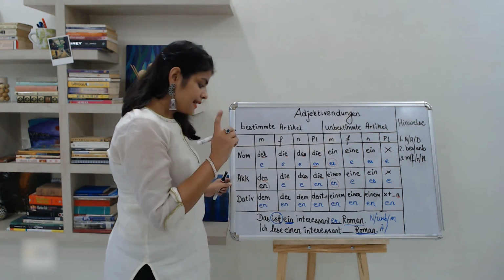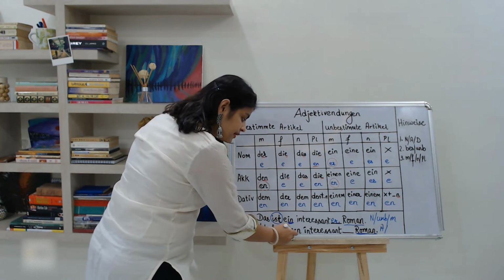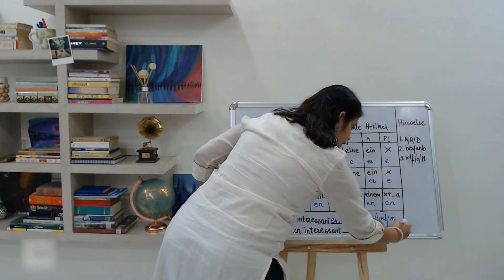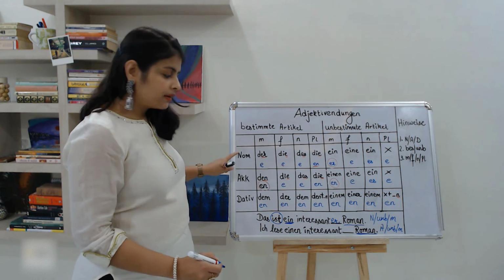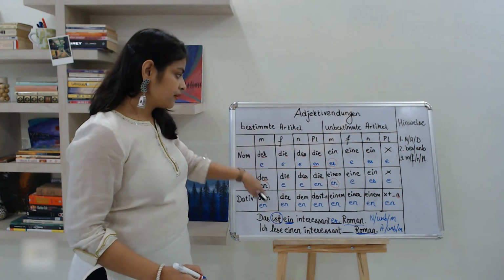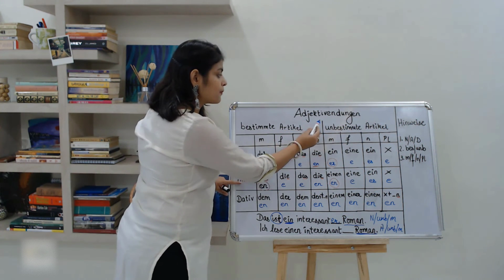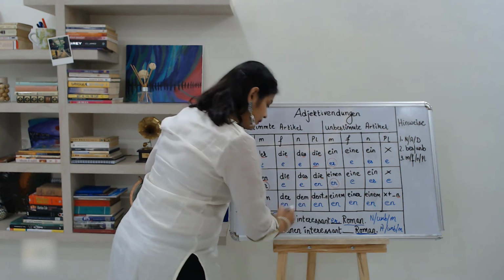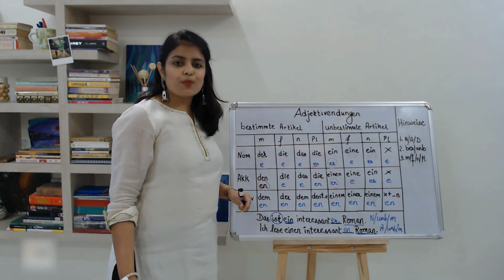Now next, bestimmt Artikel oder unbestimmt Artikel. Sehen Sie hier, das ist dann unbestimmt. Dann Roman ist masculine. So trace back to the given table over here. It's accusative, unbestimmt Artikel, masculine. So that is then en here. Ich lese einen interessanten Roman.